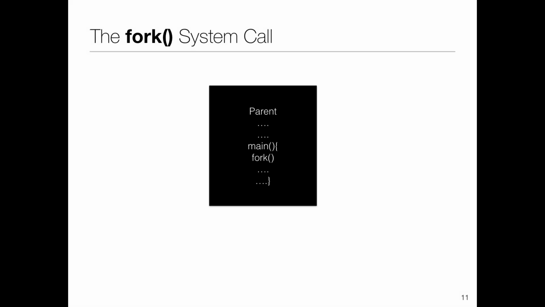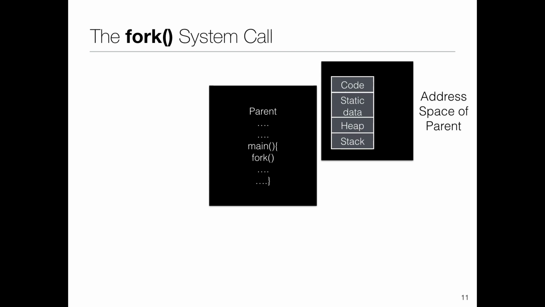So now coming to the question of what's exactly happening under the hood. We have a parent process which has a main function, where somewhere down the line we're calling the fork function. This process has an address space, which let's call the address space of the parent, which has the code, static data, heap, and the stack.